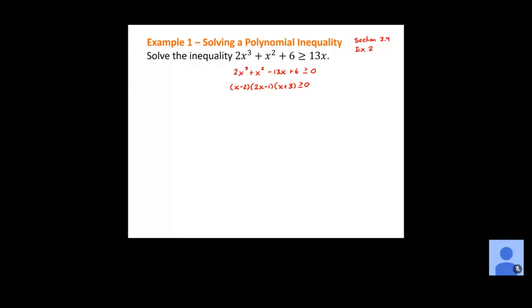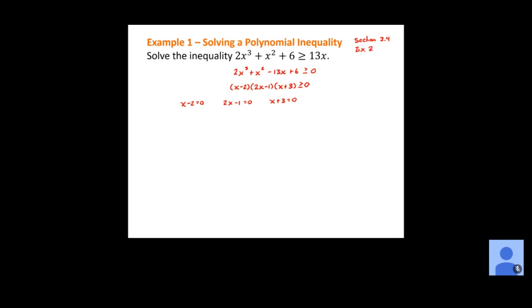Now, once we have the factored form, we're going to take each one of those factors and set it equal to 0. Even though this is a greater than or equal to 0, we need to set each factor equal to 0 now. So x minus 2 equals 0, 2x minus 1 equals 0, and x plus 3 equals 0. What's that going to give us for our x values if we solve each one?